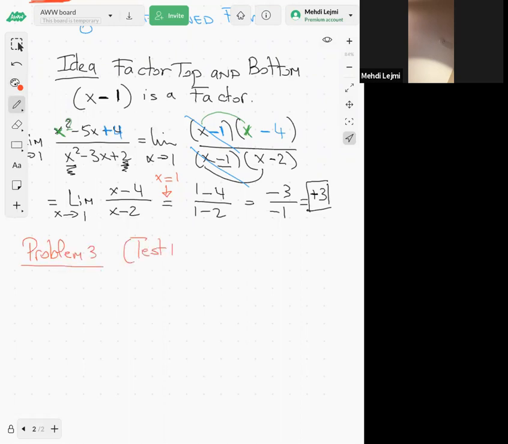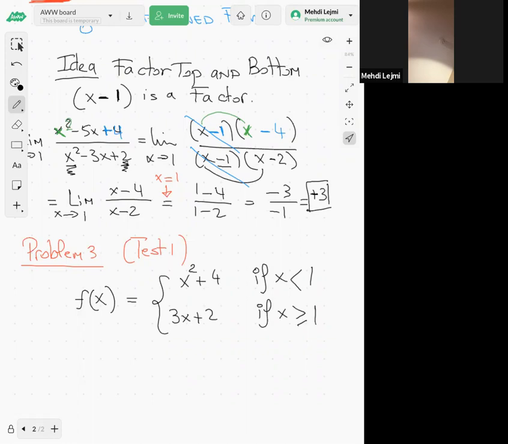This problem covers continuity and differentiability. So you have this function f of x equal to x squared plus 4 if x is strictly less than 1, and 3x plus 2 if x is larger than or equal to 1.